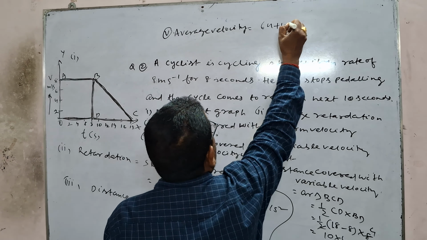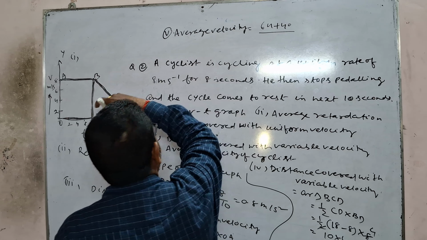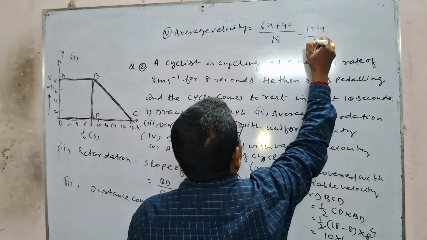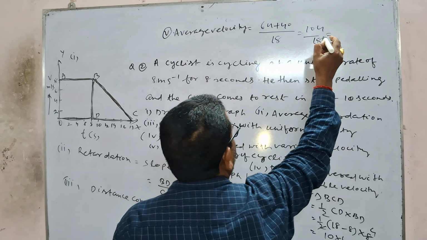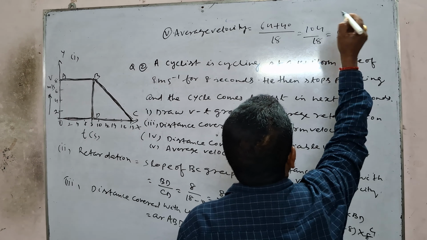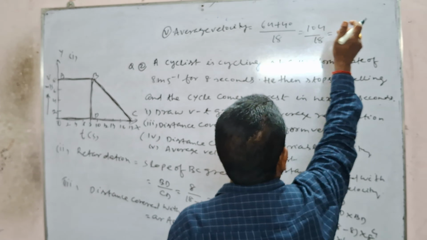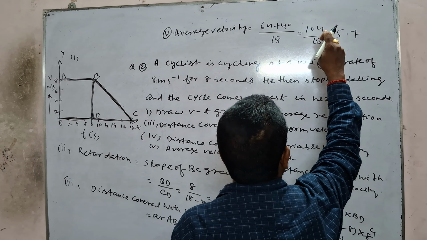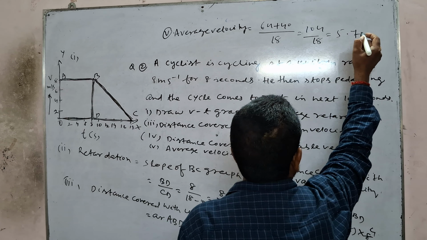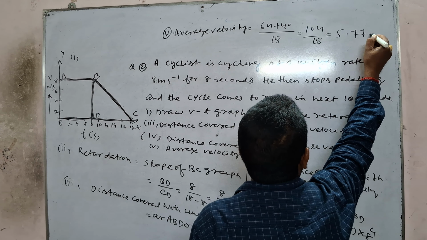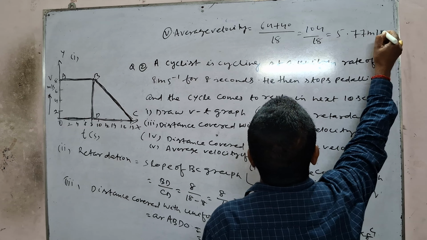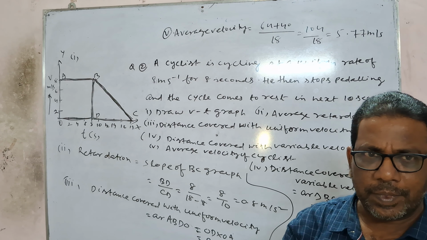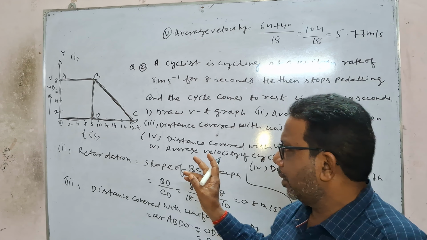So 64 plus 40, and total time taken is 18. 104 by 18 gives 5.77 meter per second. This is the average velocity. Understand?